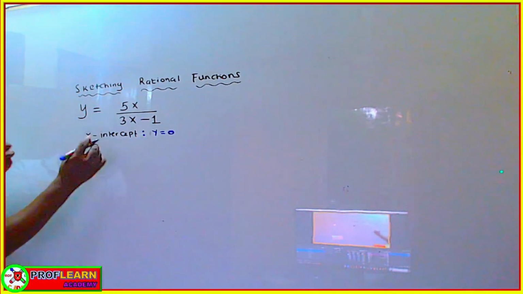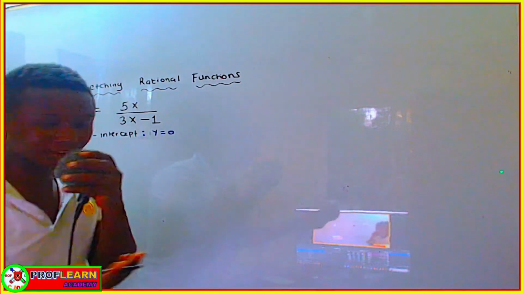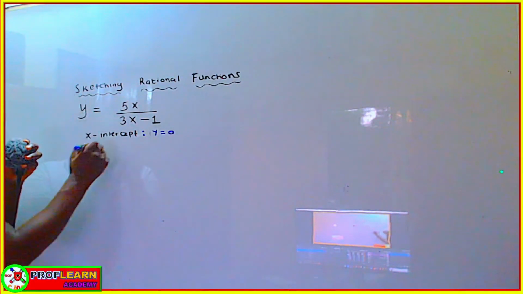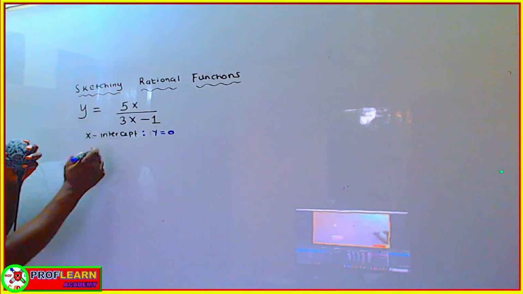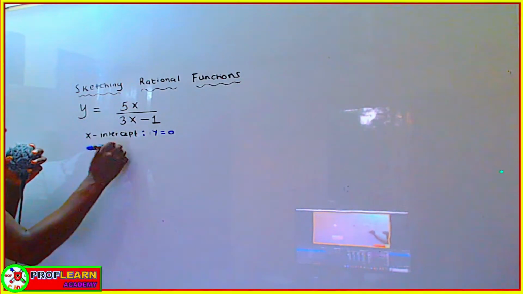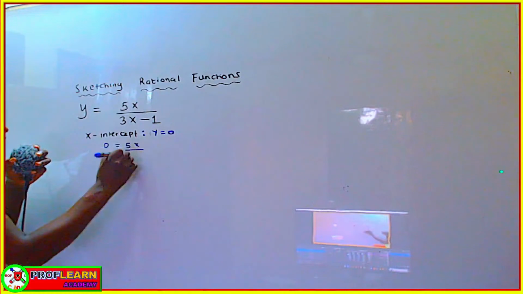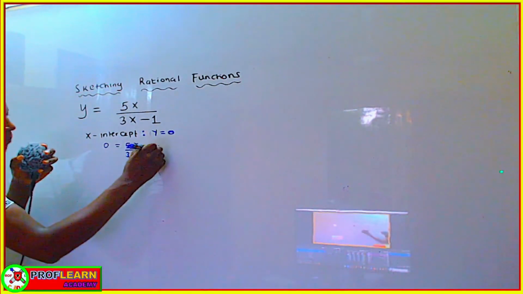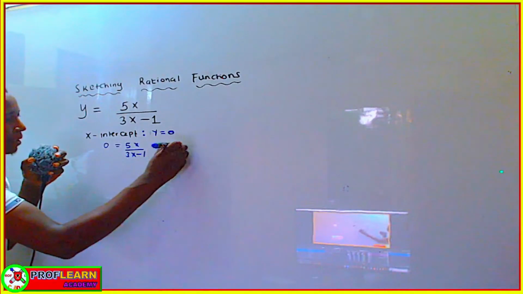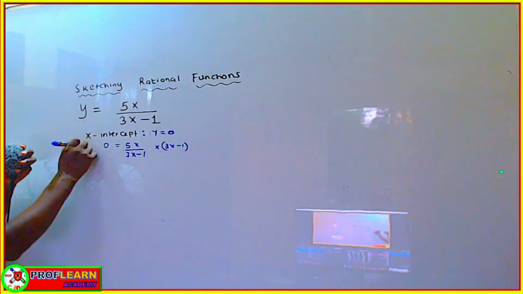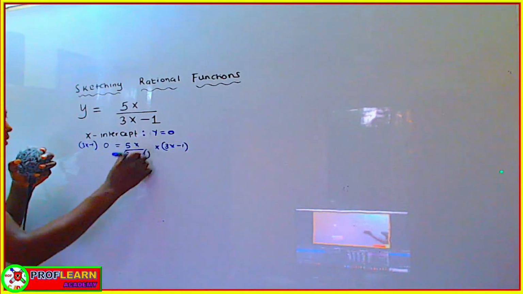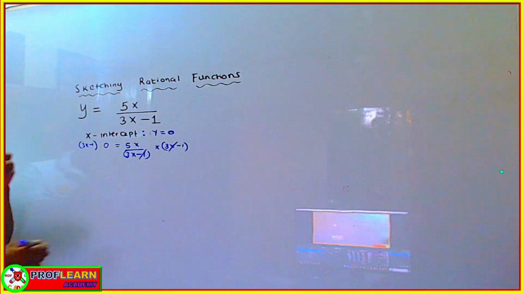So in order to work out that x-intercept, we are going to say that the y part of the function we're given is going to be 0. So 0 is equal to 5x over 3x minus 1. We multiply both sides by 3x minus 1, and you can see that this part and this part will cancel out.